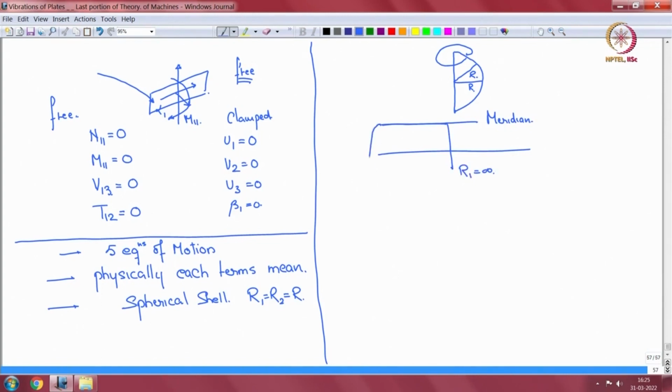Then it revolves around this axis and generates the cylindrical shell of revolution. Then the intersection of this with the axis is your second radius of curvature, R2 is A. So by that logic, for a sphere, R1 and R2 are both equal to R, the radius of the sphere.